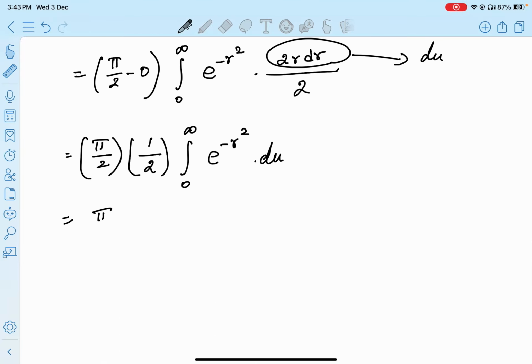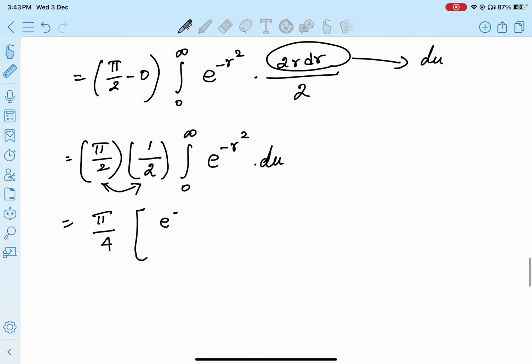So here we have pi by 2, and with the 2 here it becomes 4. We are going to integrate this now. For u we have minus, e to the power minus r squared by minus 1, from 0 to infinity, where u is r squared.